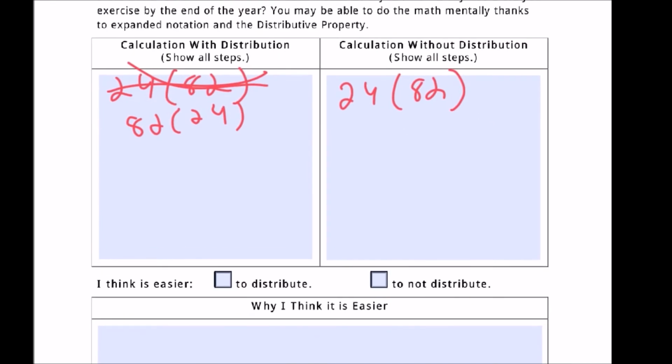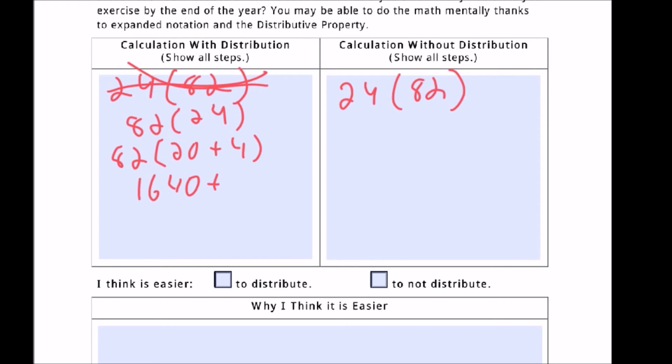If I break this apart with distribution, I'm going to have 82 times 20 plus 4. I broke apart the 24. I thought that was easier because I can easily do 2 times something and then just put the 0 on the end for 20. 82 times 2 would be 164 and put the 0. Plus, 4 is twice of 2, so 164 doubled would give me what the 4 was.